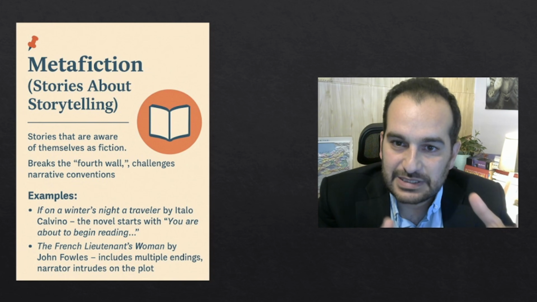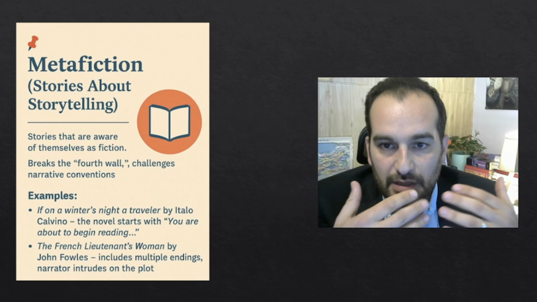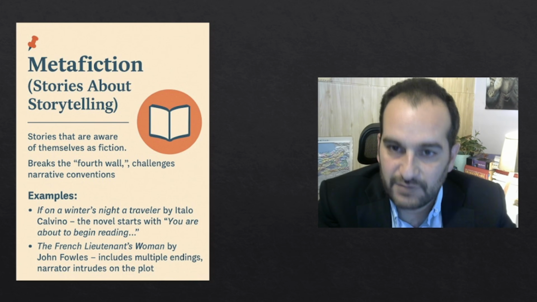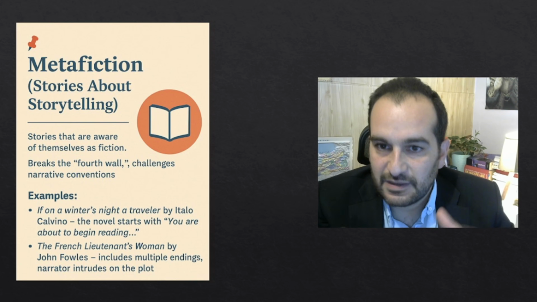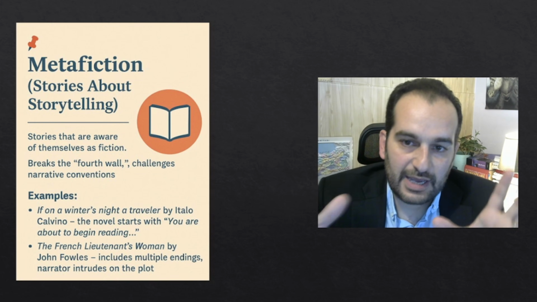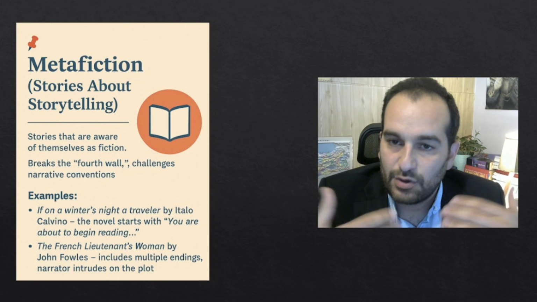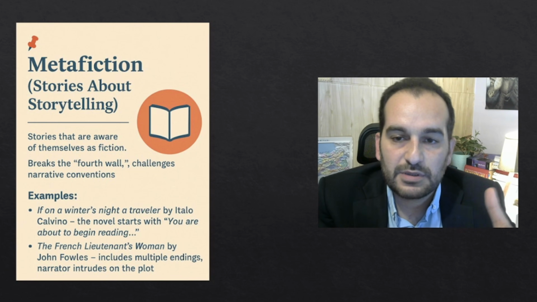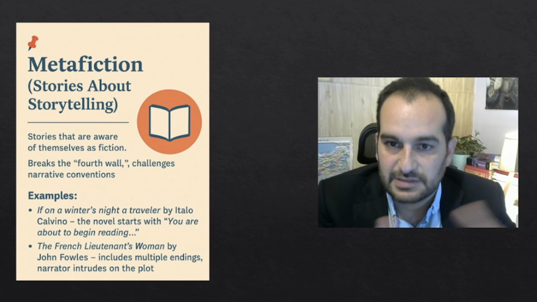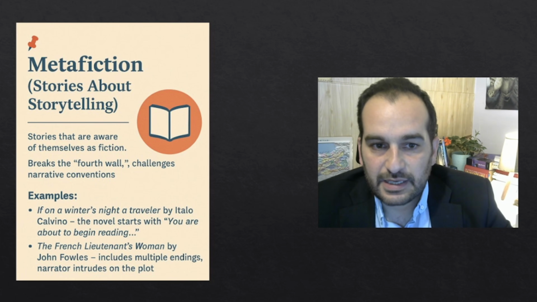So when you see a sentence that indicates that this is a literary work and not real, this is a fictional one, this is called metafiction. So it's fiction, not real, and metafiction addresses or tells you about the act or the process of writing this. Let's get an example.